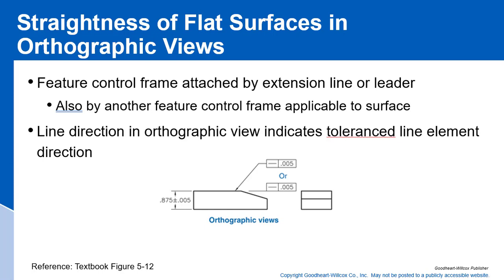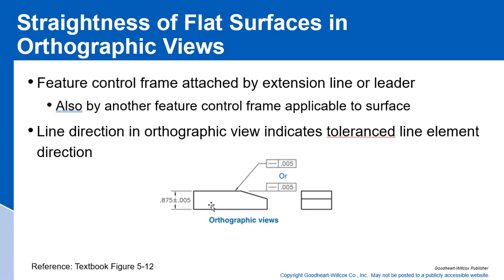If we were applying that to an orthographic view, for instance, the feature control frame would be attached by an extension line like this, or a leader like that. The line direction in the orthographic view indicates the tolerance line element direction.